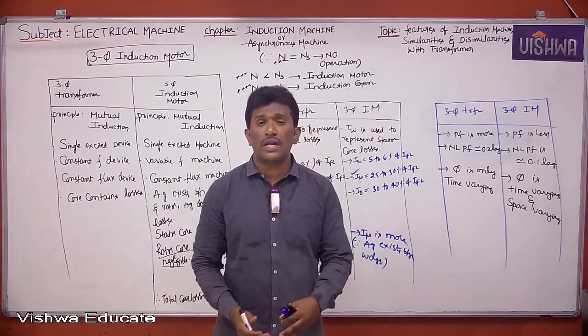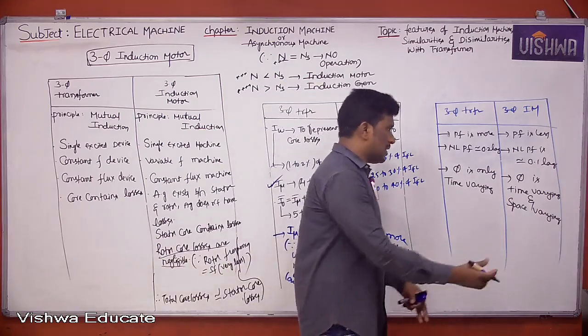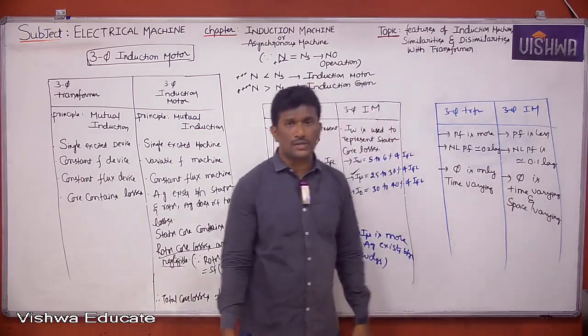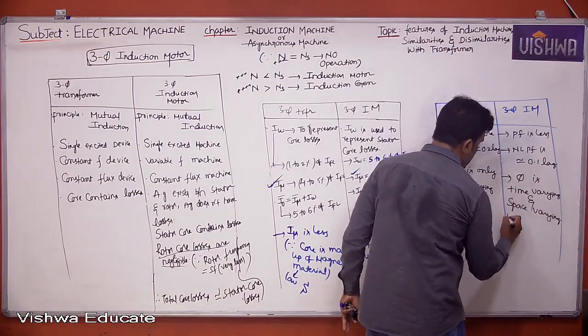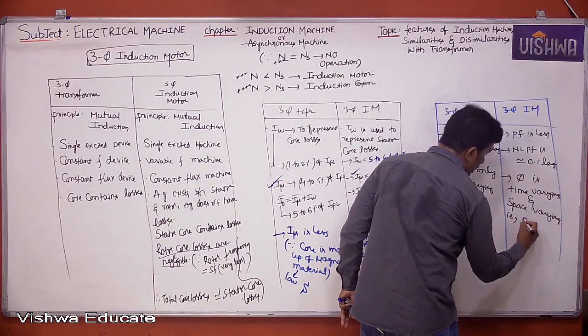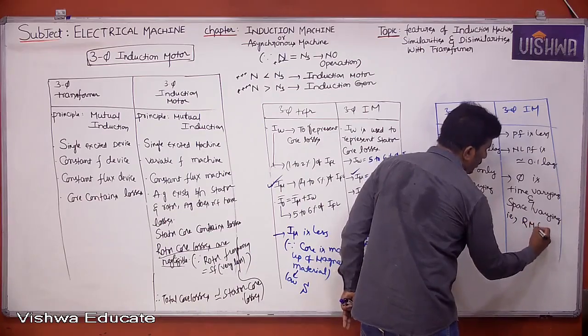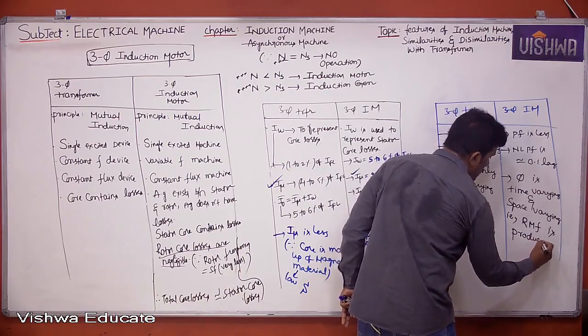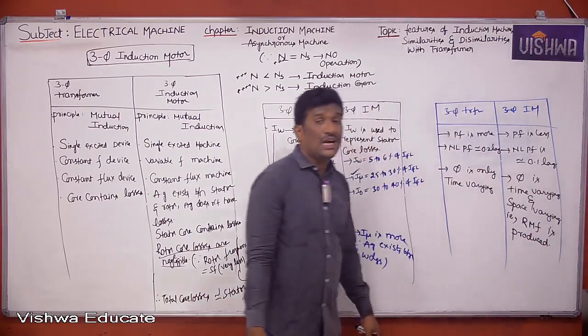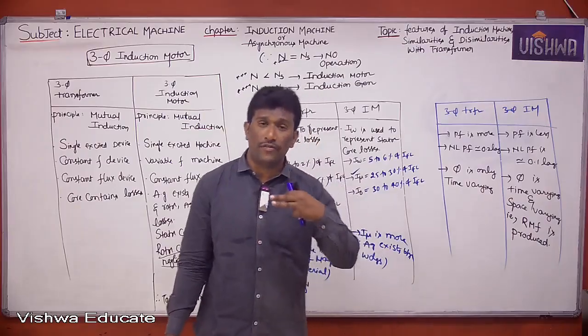That is, a rotating magnetic field is produced. We'll discuss how the rotating magnetic field is produced in a three-phase induction motor in the future. So as of now, flux is time varying and space varying. That is the rotating magnetic field, RMF. We'll discuss in future what the conditions are for producing a rotating magnetic field.